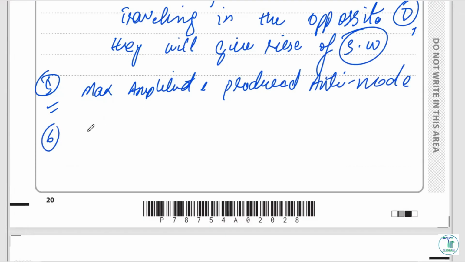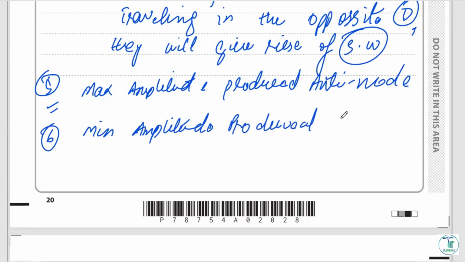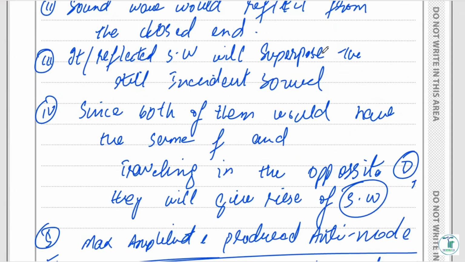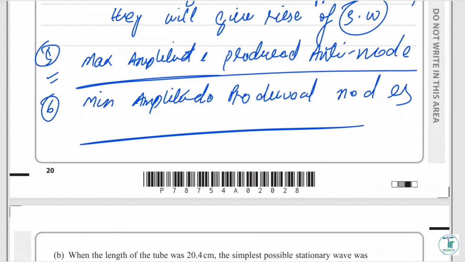And 6th, minimum amplitude produces nodes, right? So that is how you're going to write the 6-marker question down. Remember that for a 6-marker question, you must at least plug in 6 points. Otherwise, you're going to get 4 or 5 in this question. And that is a very critical question as far as those students are concerned who are going to get A, right?